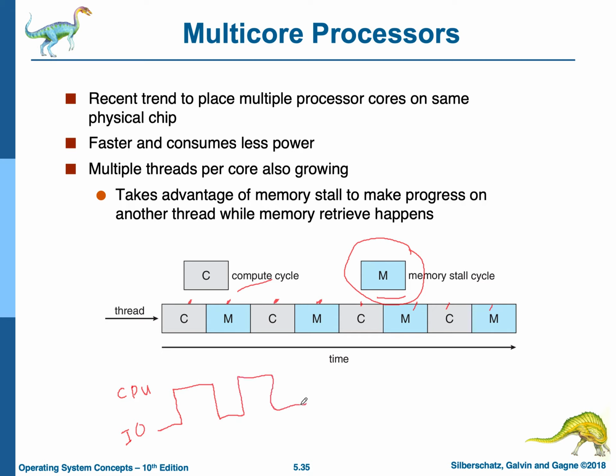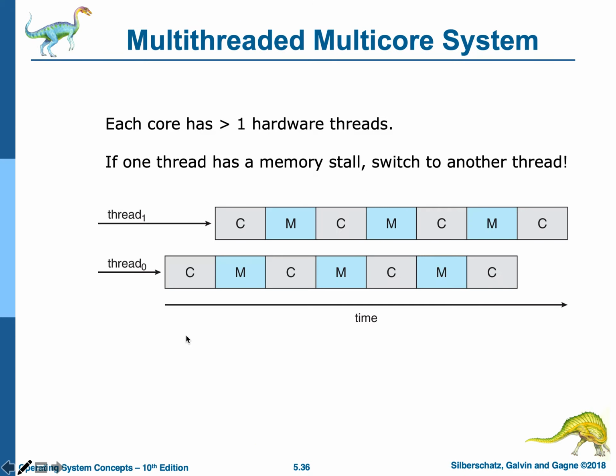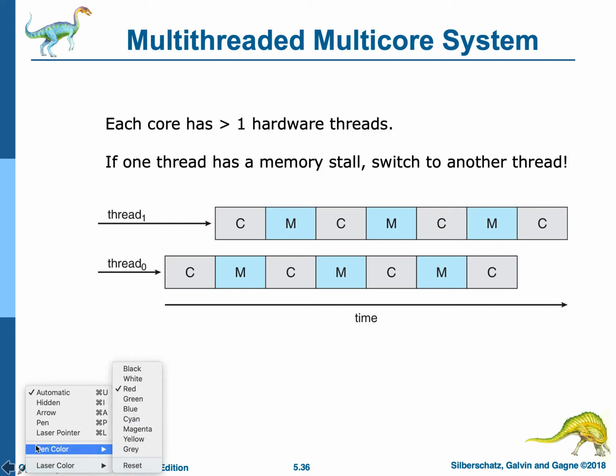What we have to do is maximize the utilization of a processor by utilizing the idle time. That means when a process is waiting for the memory, another process is working, occupying the computational resources.